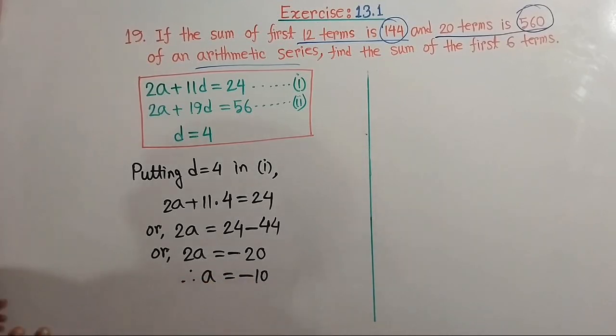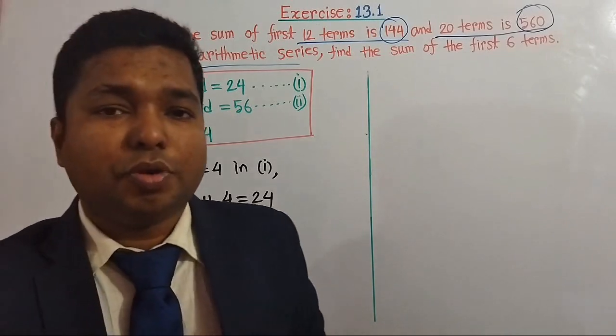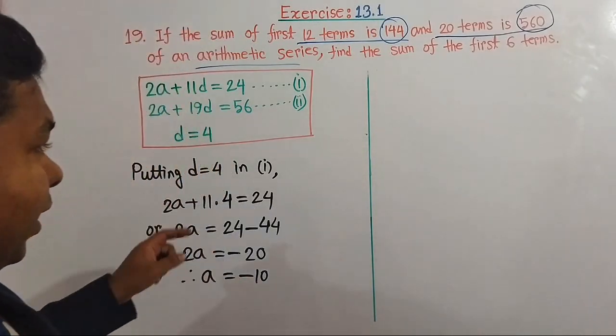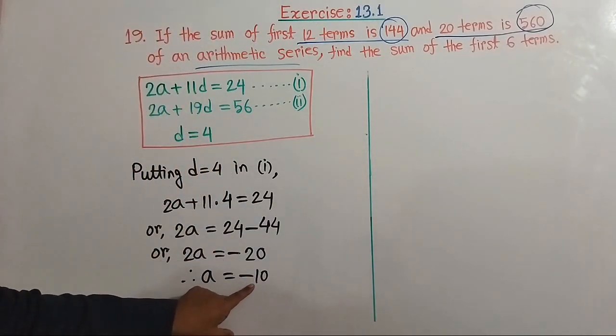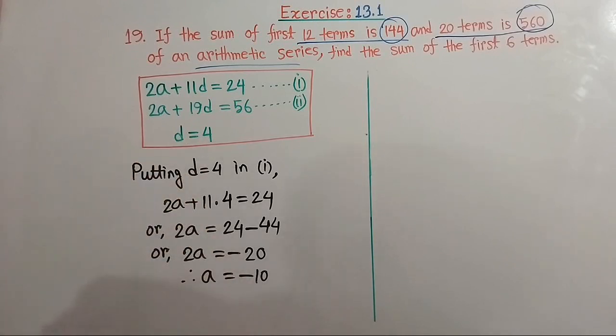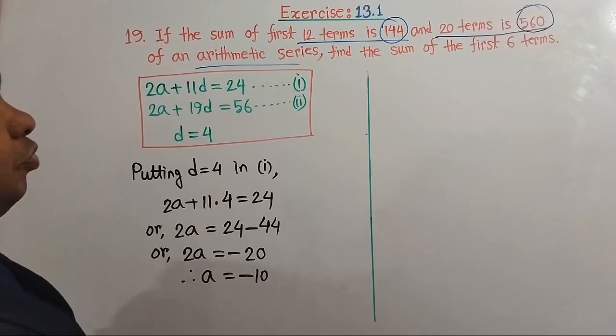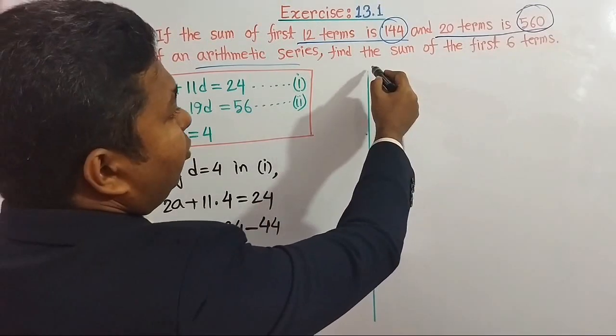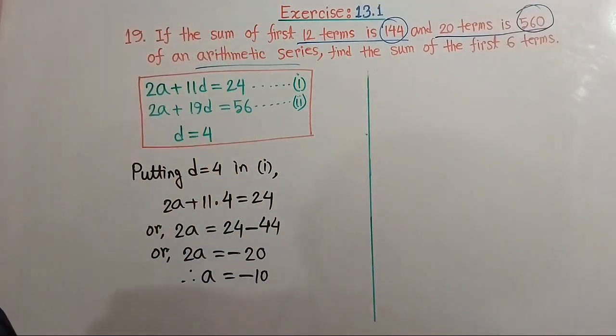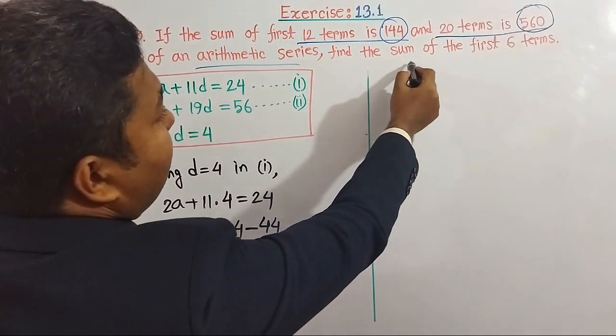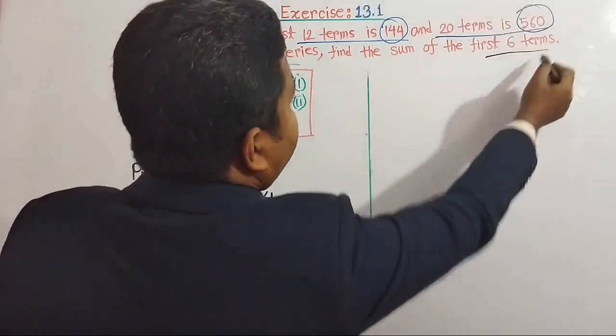So finally we have the values of the two unknown variables: a equals minus 10 and d equals 4. Then by using these two values, finally we find the required answer. Here our question is to find the sum of the first 6 terms.